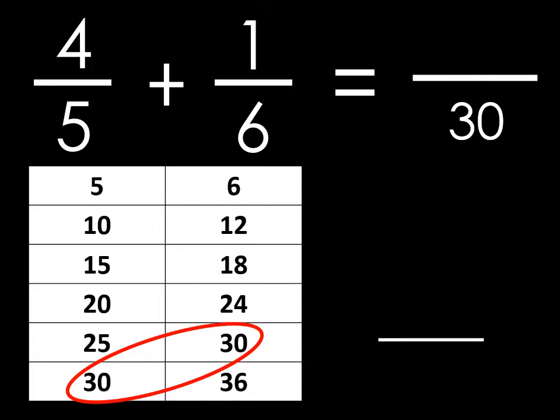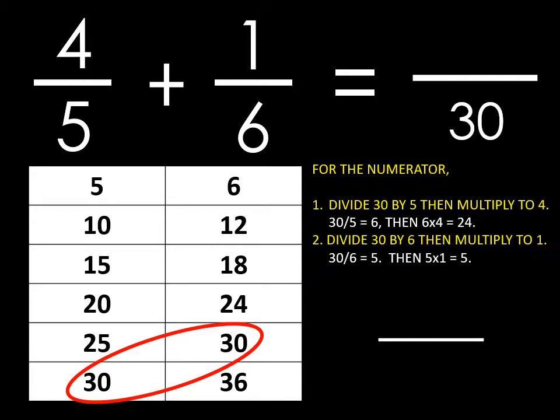Next, for the numerator, meron tayong steps dyan. First, divide 30 by 5, then multiply to 4. Sa numerator na 4, let's try. 30 divided by 5 is equal to 6, and 6 times 4 is equal to 24.